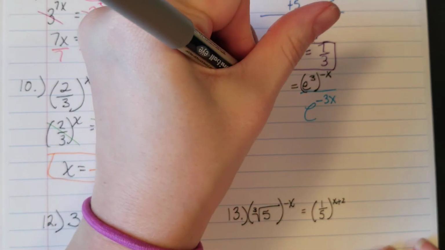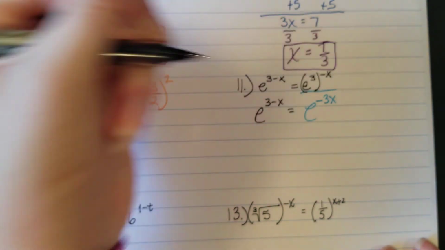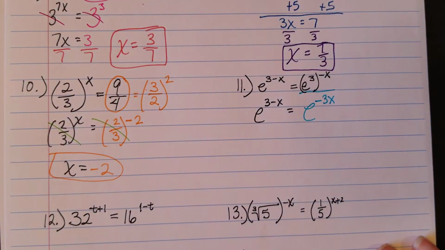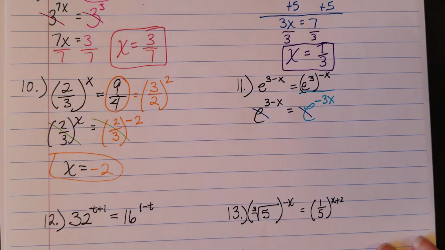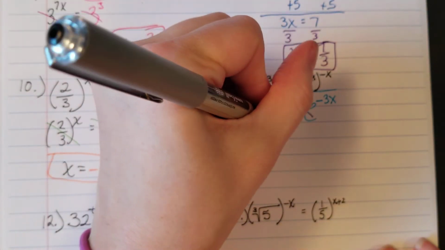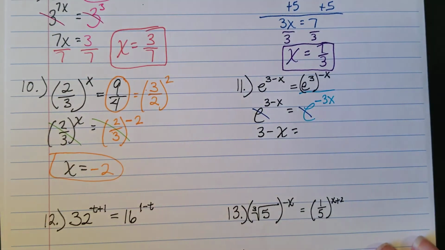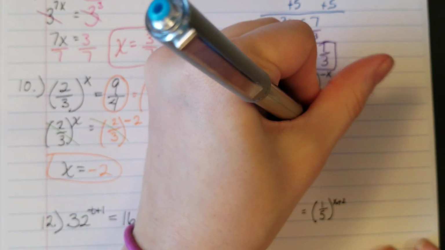So e to the power of 3 minus x equals e to the power of negative 3x. So then we can just cancel out the e, and then we just have 3 minus x equals negative 3x.